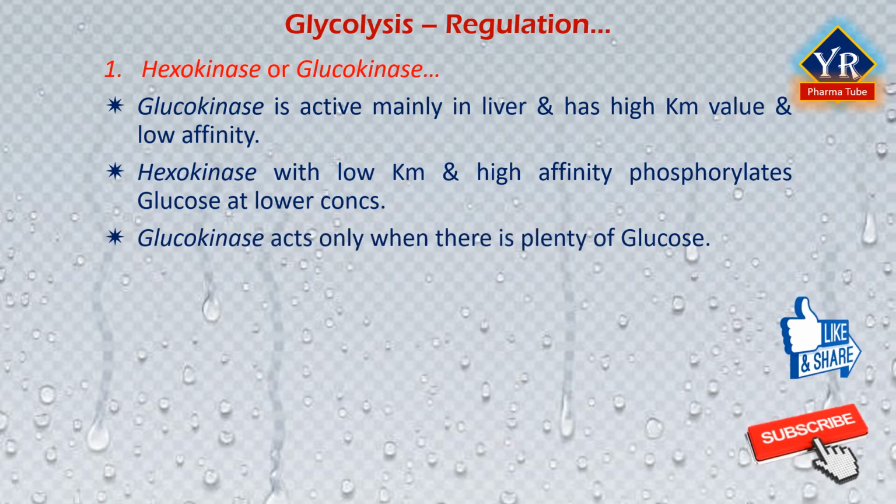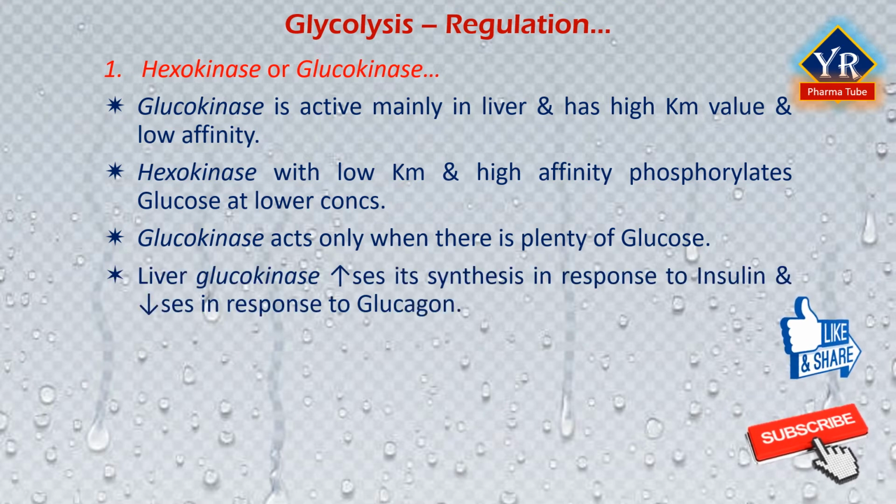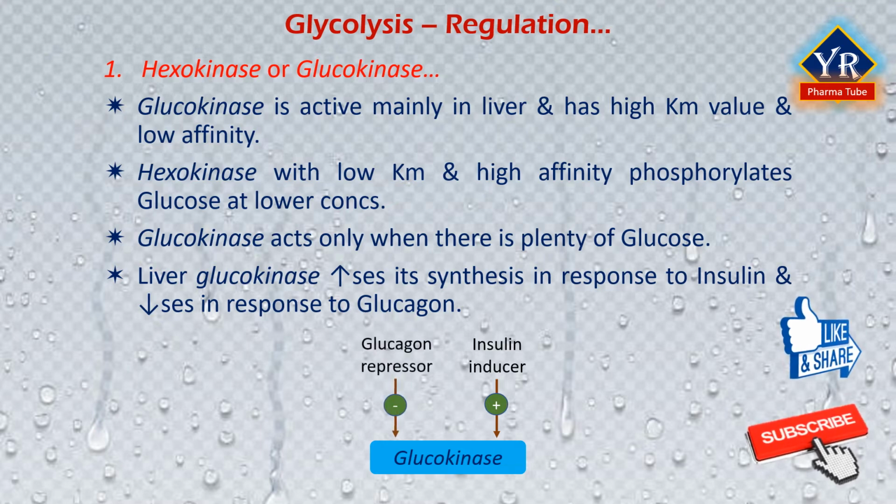Glucokinase can act only when there is plenty of glucose. Thus, when the supply of glucose is limited, glucose is made available to brain and muscles. Liver glucokinase is an inducible enzyme that increases its synthesis in response to insulin and decreases in response to glucagon.